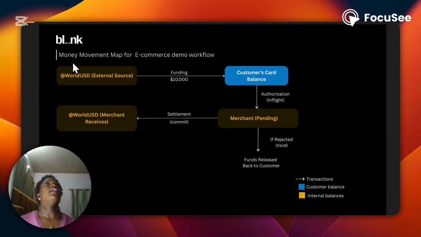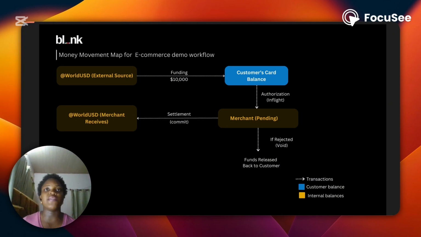First, we make use of something called World USD. We fund the customer's card from this external source, and then when they buy something, we don't move the money immediately, we hold it, and this is called an in-flight transaction.